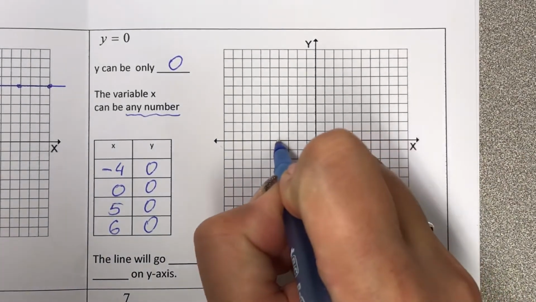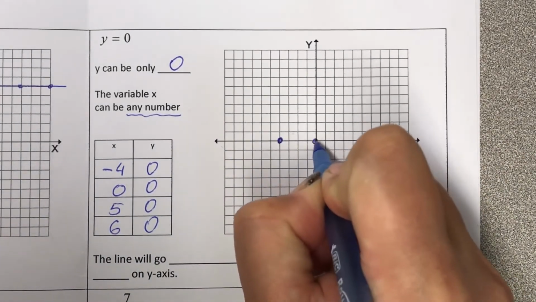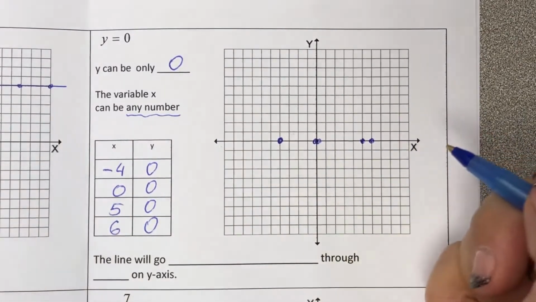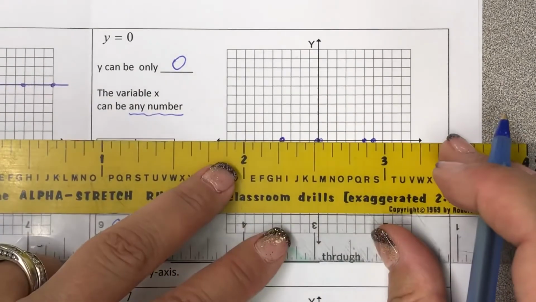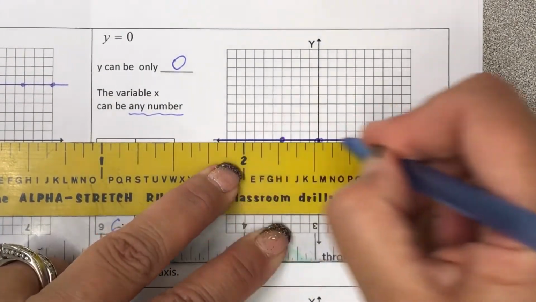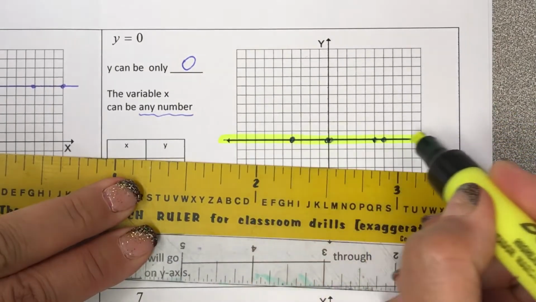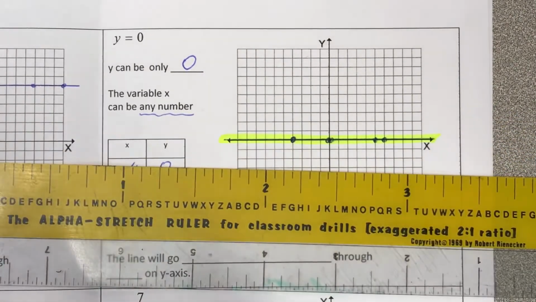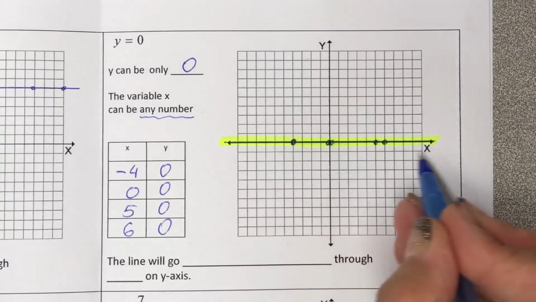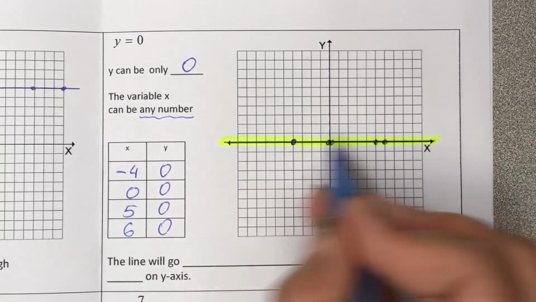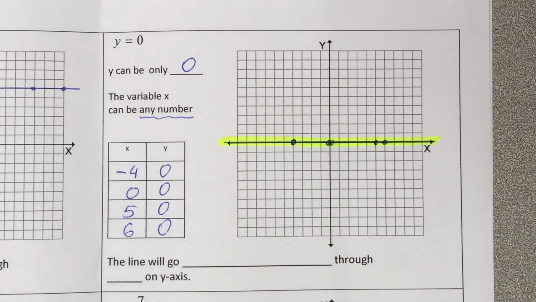So -4, 0, 0, 0, 5, 0, 6, 0 is the horizontal line going through 0, crossing the y-axis, which is overlapping exactly with the x-axis. So we had the points all line up in a line that is horizontal, which is overlapping with the x-axis.